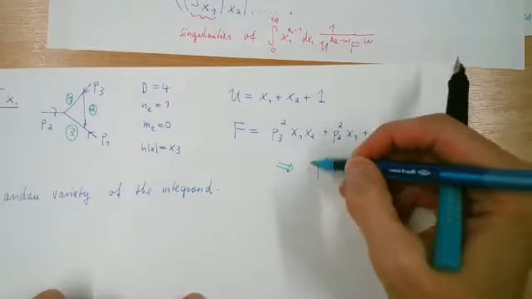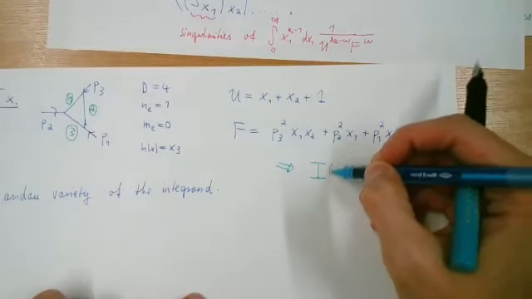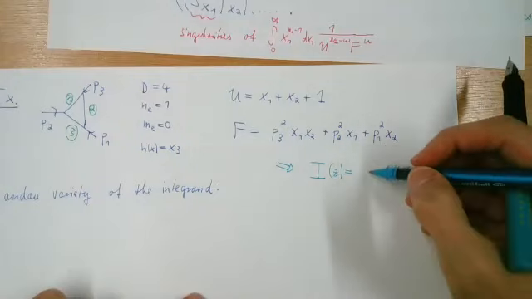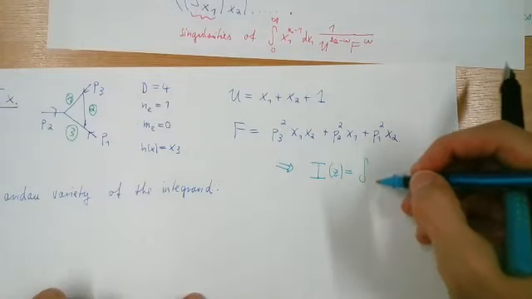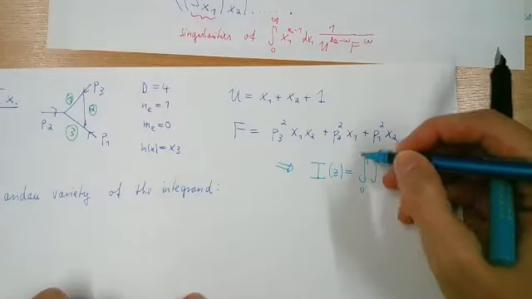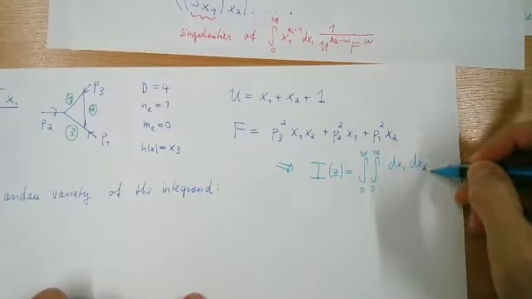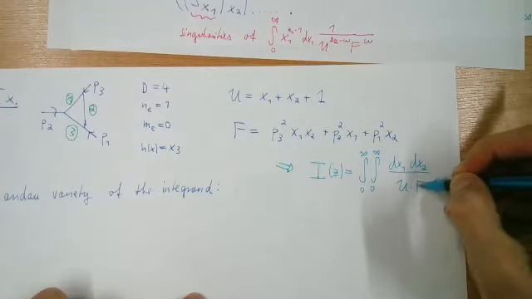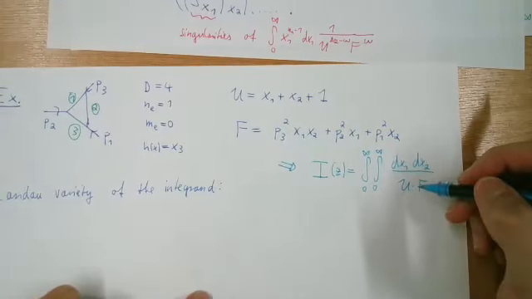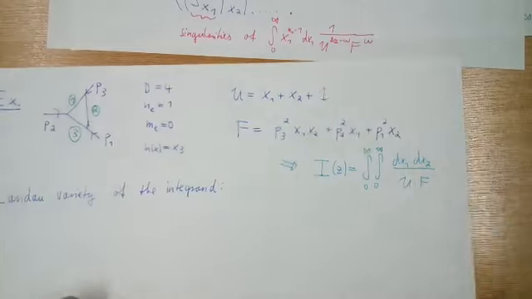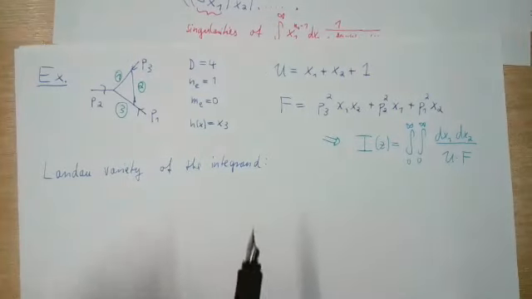So the integral representation actually is a double integral, dx1 dx2, U F. Indeed, for this triangle integral in 4 dimensions, you have both polynomials, U and F. So we really have to start with both of them.